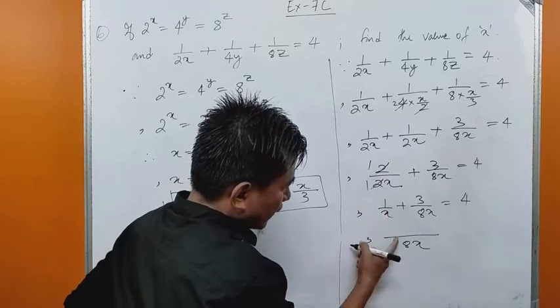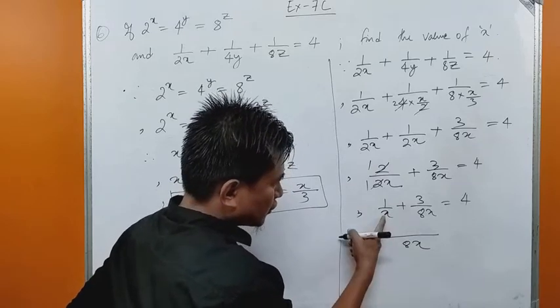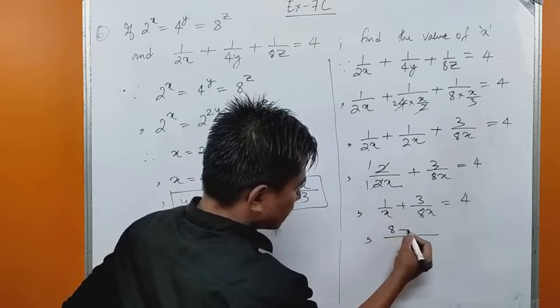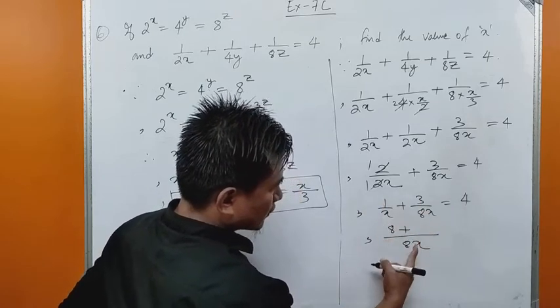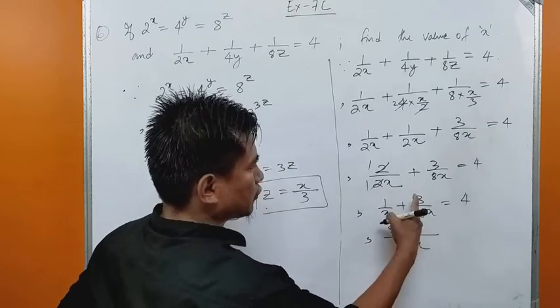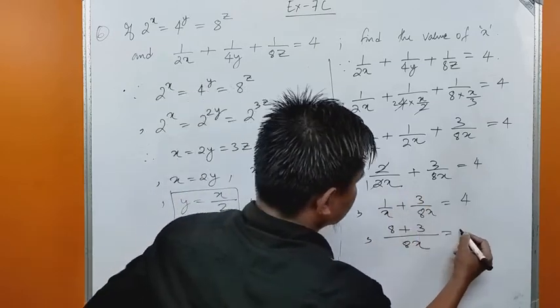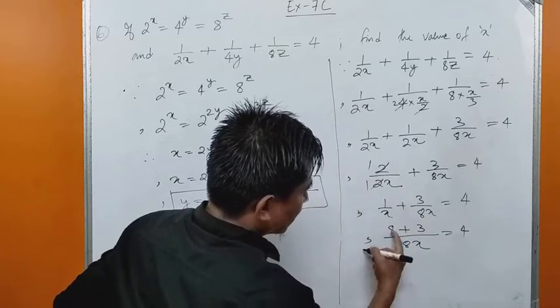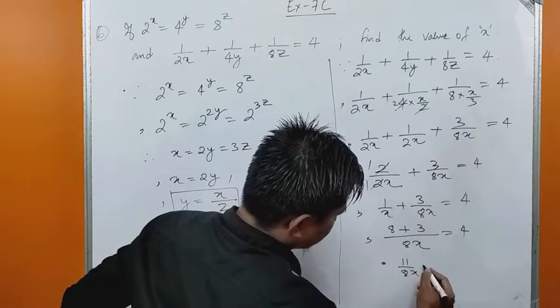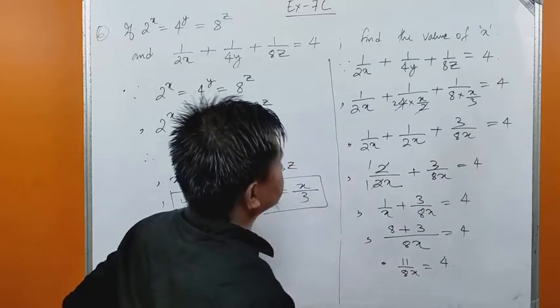So x into 8 gives us 8x, 8 into 1 is 8, plus 8x into 1 gives us 8x, and 1 into 3 is 3, equals 4. Or 8 plus 3 is 11 upon 8x equals 4, isn't it?